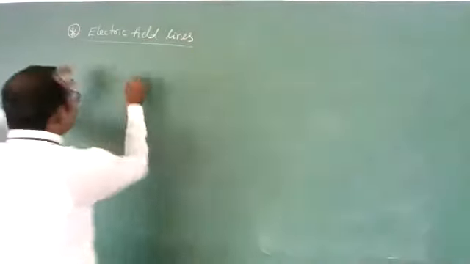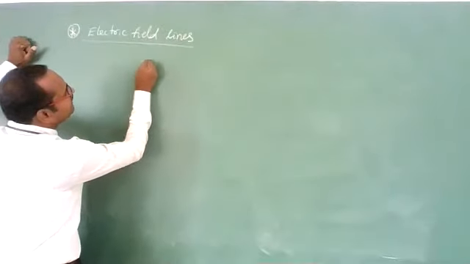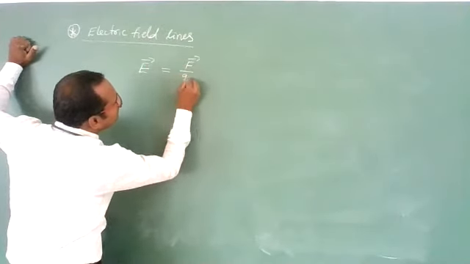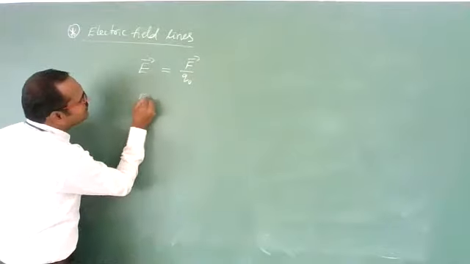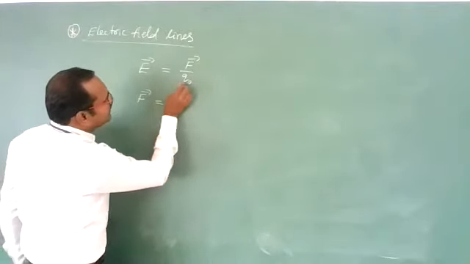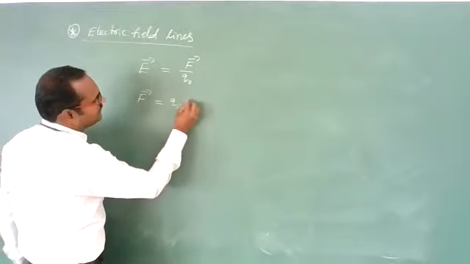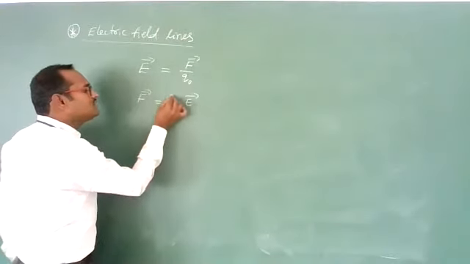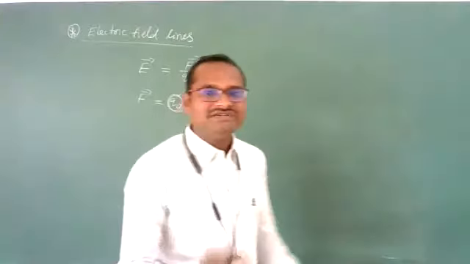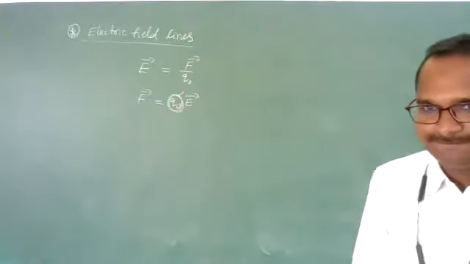Electric field strength, or intensity of electric field, is the force experienced per unit positive test charge. The force a test charge Q naught experiences is Q naught into the electric field. In which direction will this unit positive test charge move? That will be the direction of the electric field line.